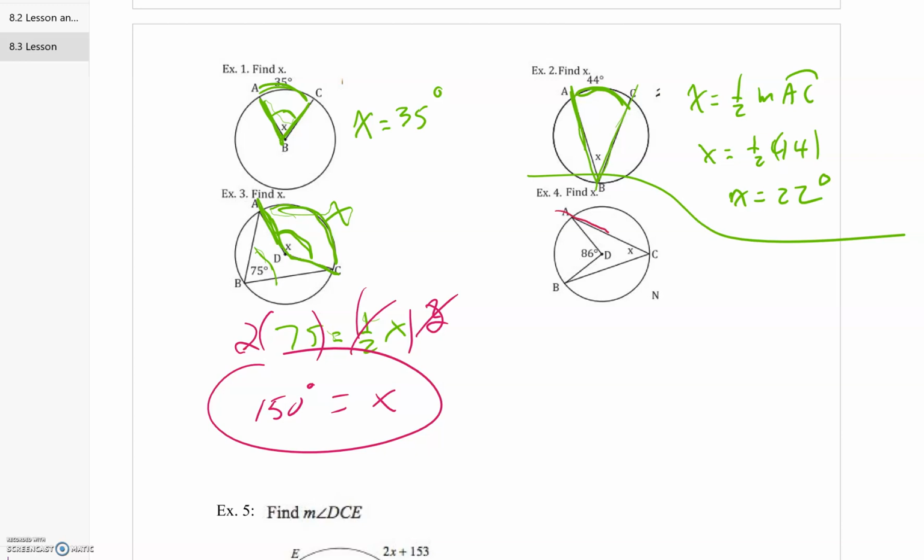And last but not least, an inscribed angle right here is half of its intercepted arc, but we don't know the arc, but we know its central angle is 86, which is the same as the intercepted arc. So X has to be 1/2 of 86, so X is 43 degrees.